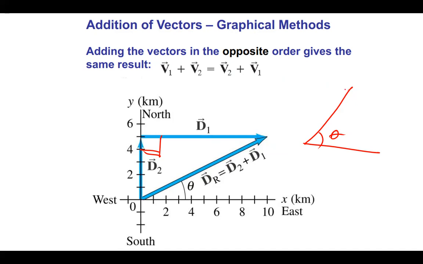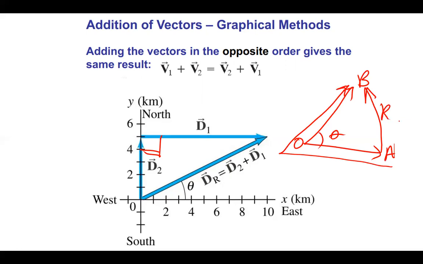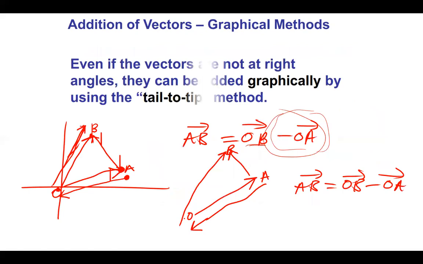If they are position vectors, they are coming from the same origin. So you first have to move against OA and then go to OB to find the resultant vector, which is R. It's just as simple as that.